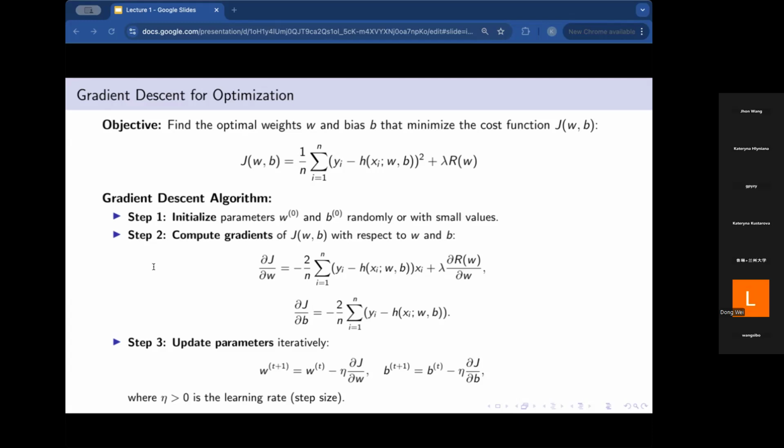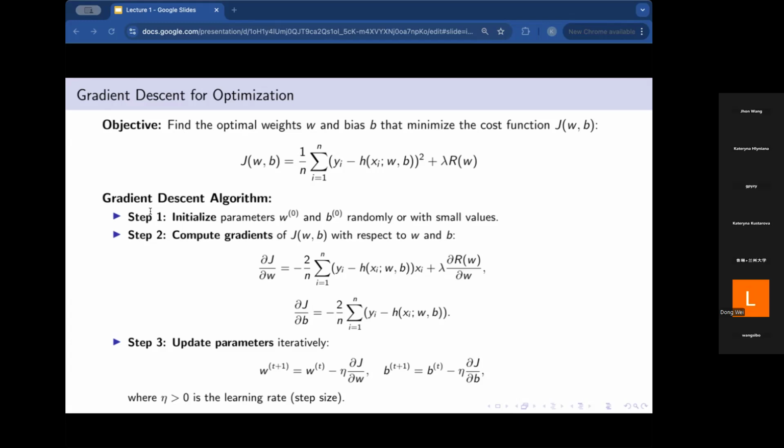The gradient with respect to W is negative 2 over n times the summation for i from 1 to n of the difference between yi and h of xi, w, b, all multiplied by xi, plus 2 lambda times w. The gradient with respect to b is negative 2 over n times the summation from i equals 1 to n of the difference between yi and h of xi, w, and b.